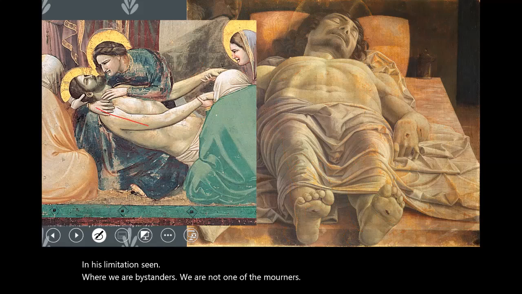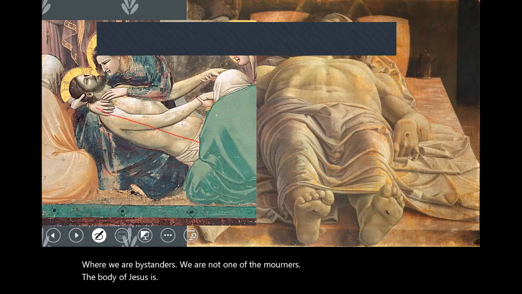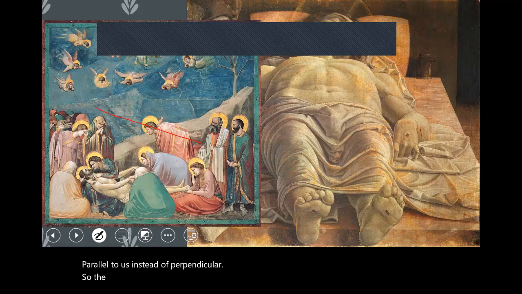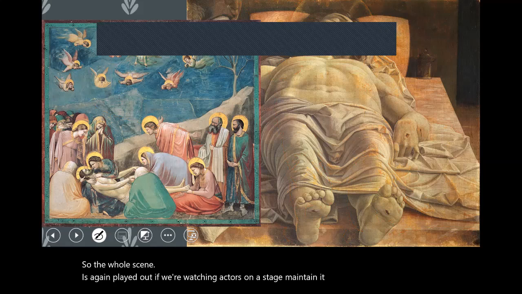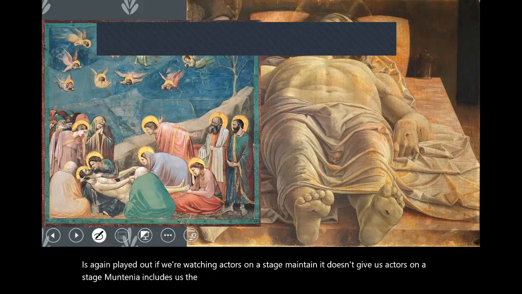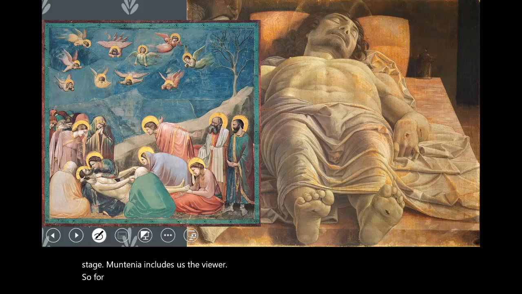The body of Jesus is parallel to us instead of perpendicular. So the whole scene is again played out as if we're watching actors on a stage. Mantegna doesn't give us actors on a stage. Mantegna includes us, the viewer. So for a devoted Catholic, this would be a very powerful composition. And that is, in design terms, the wanted, needed effect.